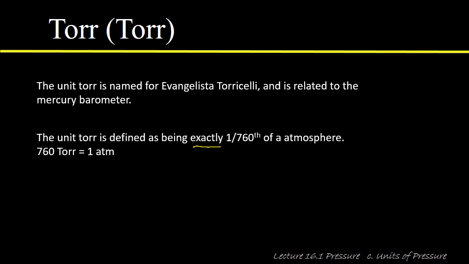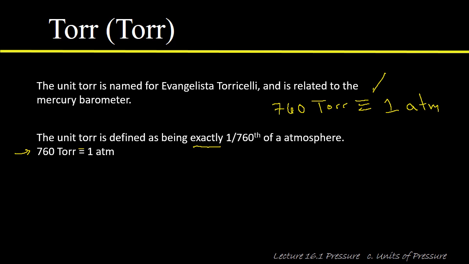If you look over here, we have this equation here. We sometimes write this with a triple equal sign. So we might sometimes write it this way: 760 torr is equal to 1 atmosphere.